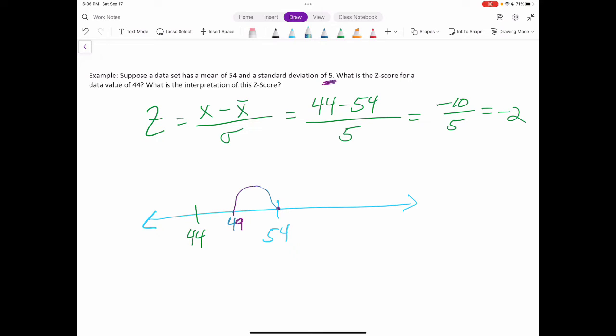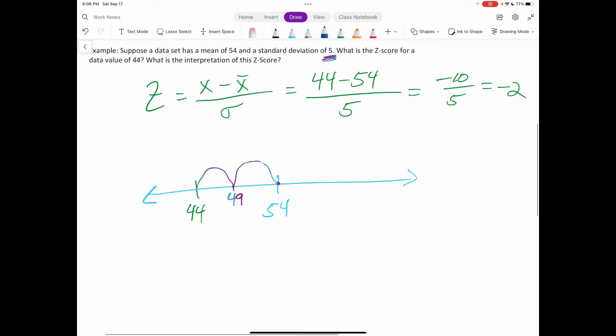Then if I take another jump of the standard deviation, 49 minus, once again, 5, gives us 44. So the z-score of negative 2 tells us it takes 2 standard deviations, 2 jumps, to get from the mean to the data value. That's what a z-score tells you.